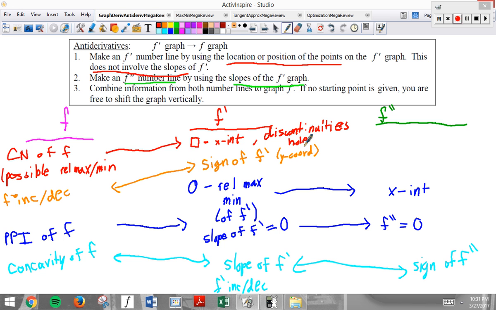Holes. Vertical asymptotes. Okay. Jumps. Here you're also looking for sharp turns. Or vertical tangents.